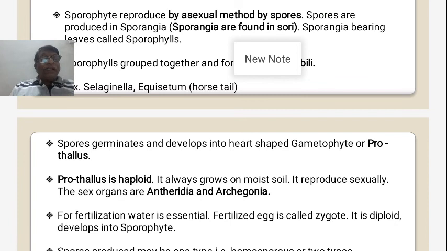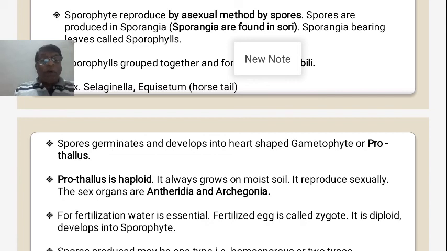The zygote is diploid because sperm is N, egg is N, N plus N to 2N. Okay. So when sperm fertilizes the egg, zygote is formed.